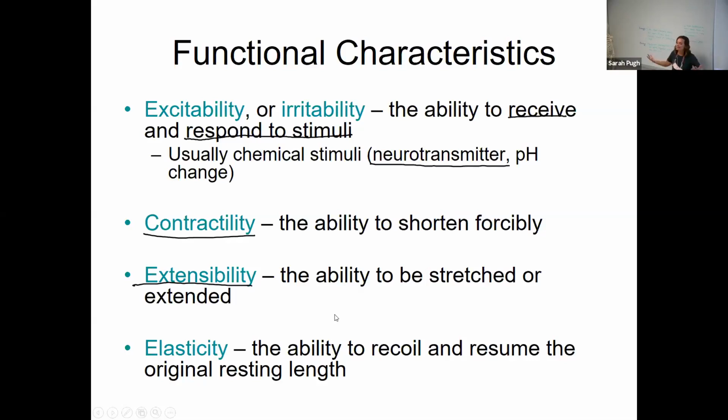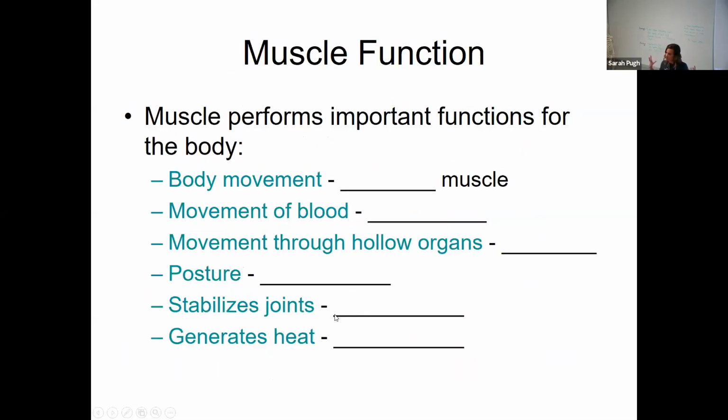So a great example would be, let's say that you have just worked out. Maybe you have done biceps, you've done some triceps, and now you've got to stretch those muscles out. So we stretch our triceps this way, right? You put it over your head and kind of give it a good stretch. So that's extensibility. When I let it go, it has to be able to come back into shape. That's elasticity. So you can stretch it, it's got to come back.